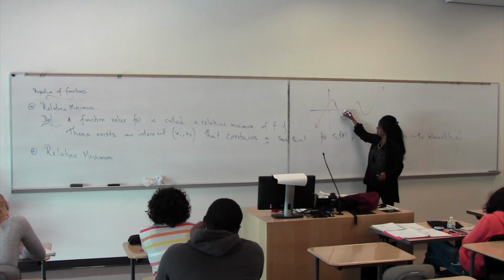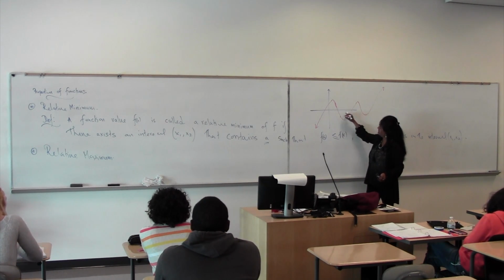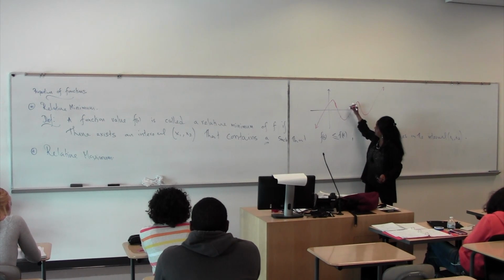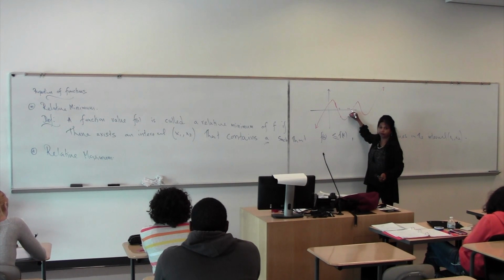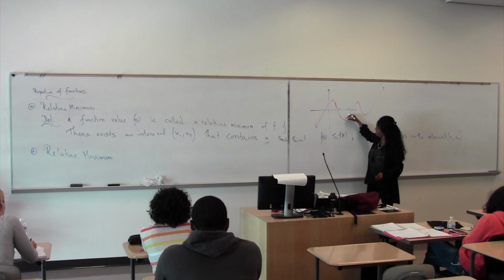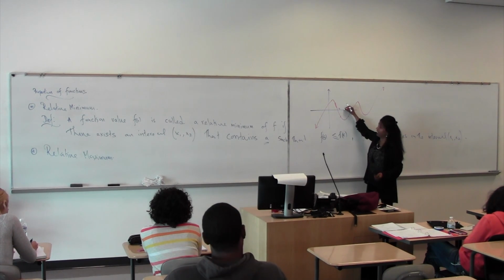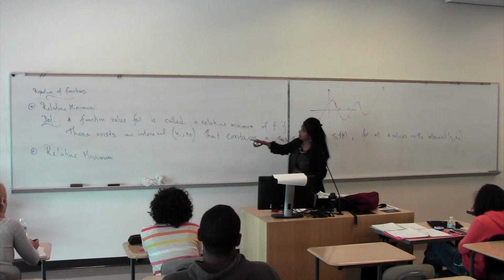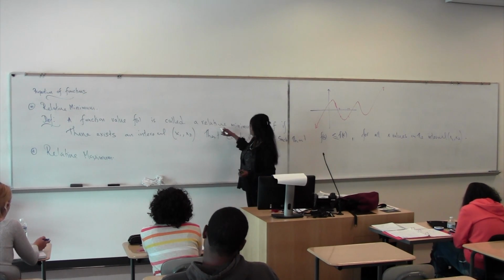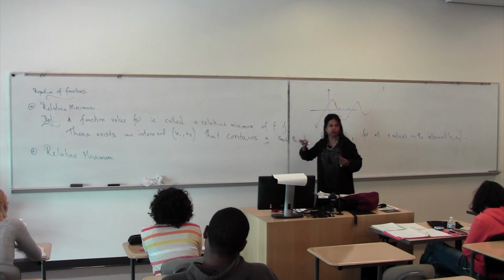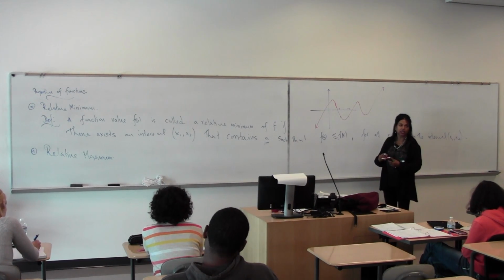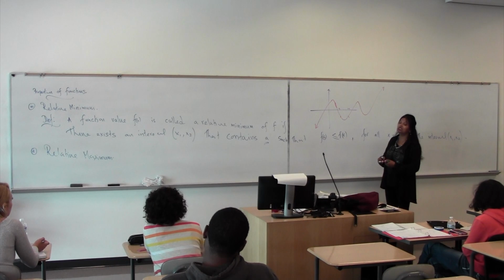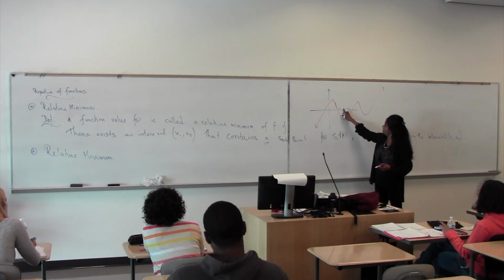So if you take this interval, the x values are from here to here, so this can be x1, this can be x2, see? This is the y value, right? Yes. Within this interval, a is a relative minimum. A is a number, it's not x here.